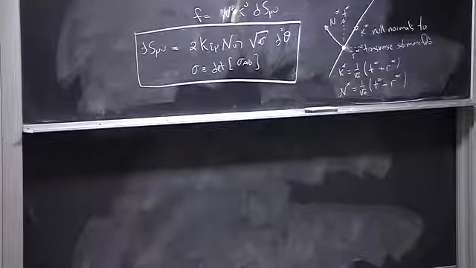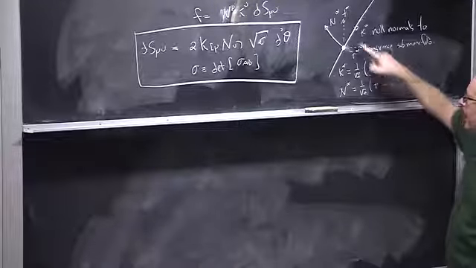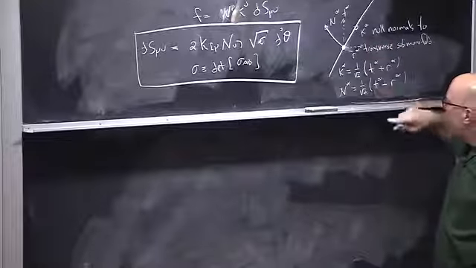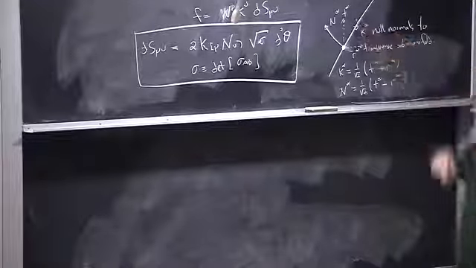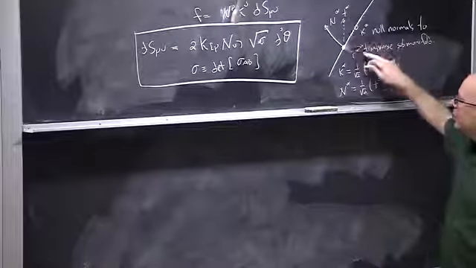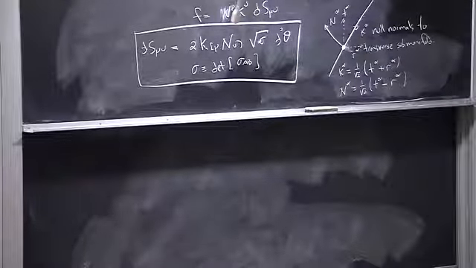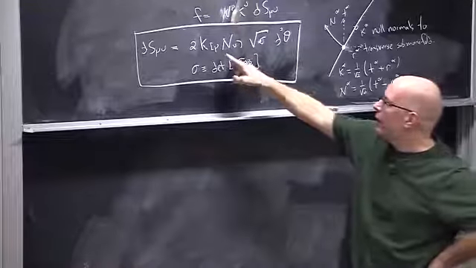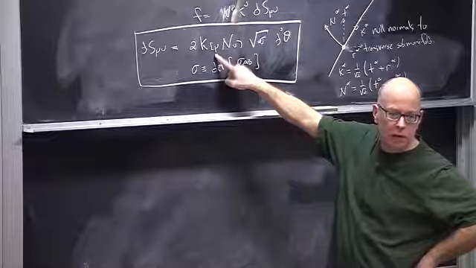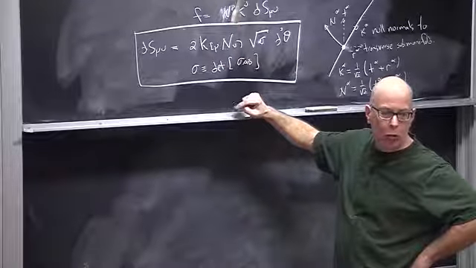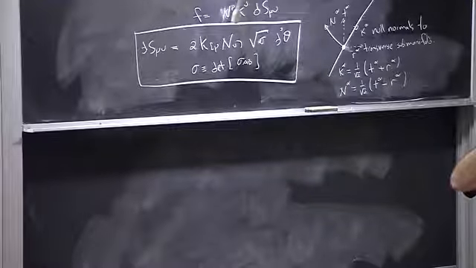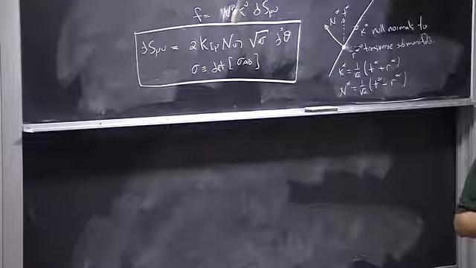So basically, you can go back and forth between null normals and more conventional normals, which would be time-like and space-like. And here I've assumed that each is actually a unit normal, so that this would be normalized, this would be normalized. I could rewrite this expression right here in terms of T and R if I wanted to, but I find it convenient to keep using null normals. That's a nice way of characterizing the two directions that are orthogonal to a space-like 2-surface, like that.